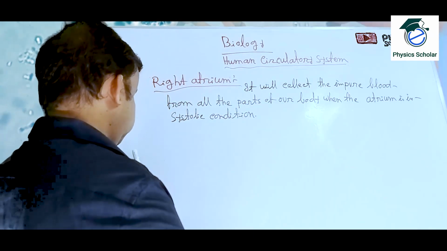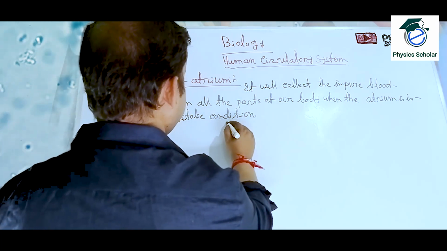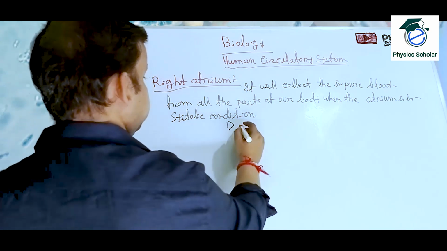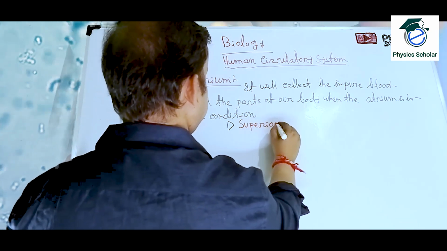Now, what veins are there in the atrium? Three types of veins are there. One is known as the superior vena cava.